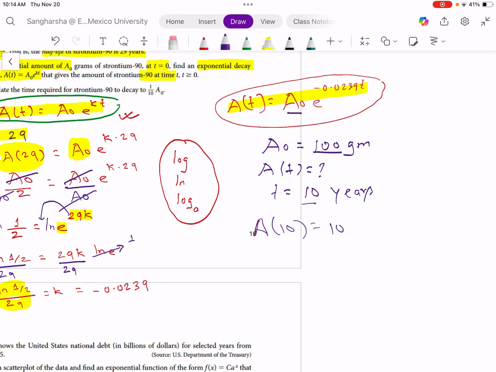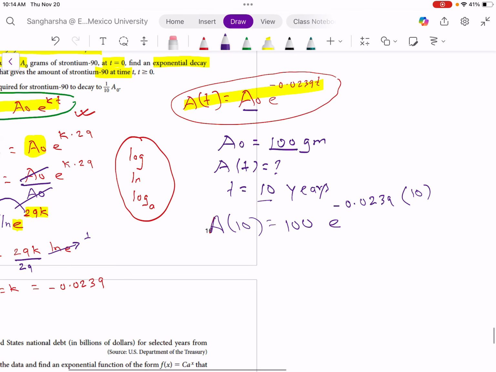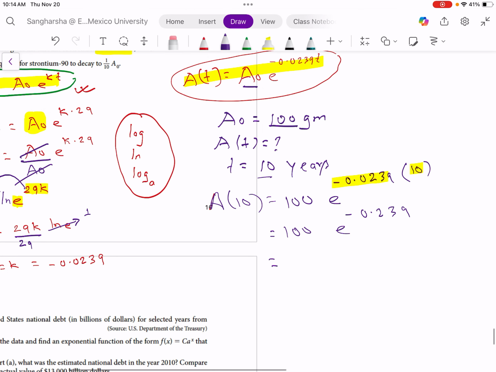So we have 100 gram times e to the power negative 0.0239 times t, which is 10. So this is 100 e to the power, let's see, this number times 10 is negative 0.239. Now can you help me here? Can you find 100 times e to the power negative 0.239? What is this equal to?